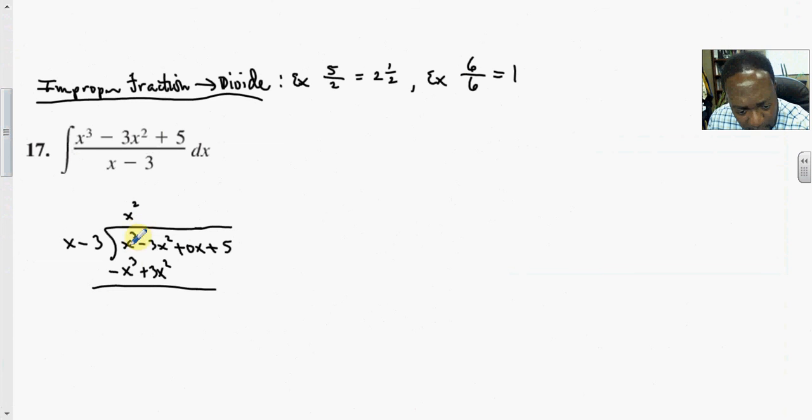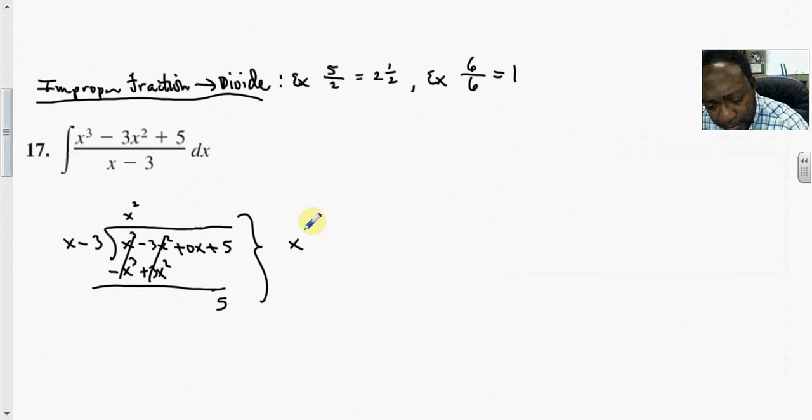Well, here we get 0, we bring down the next term, which is nothing, right? And so we bring down the next term after that, which is something. Well, can x go into 5? No. So here we have x squared plus 5 over x minus 3. So this fraction reduces to that.